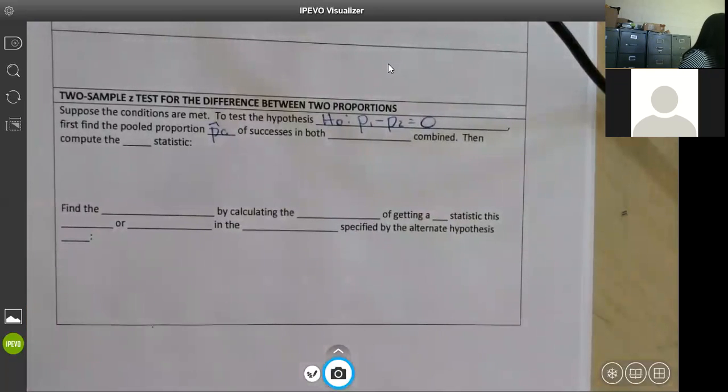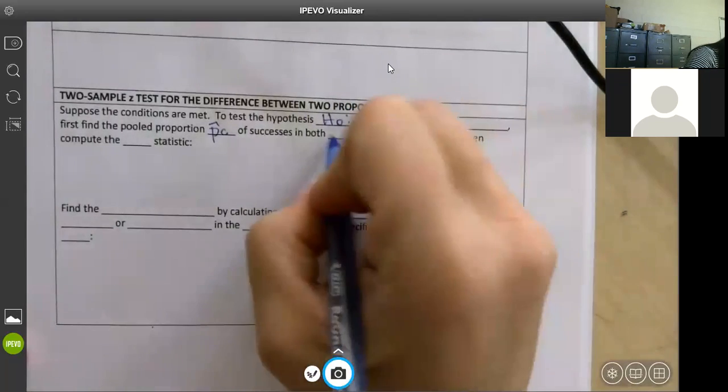Yeah, and you can define whichever one you want to be P1, P2. That's what I said. You have to write it all the way out. It will always be 0 because there is no difference there. But you can switch it to be P2 minus P1, whatever you define them as and whatever they ask for. As long as you define what these two are and you have it in the correct order, it's okay. Of successes in both samples combined.